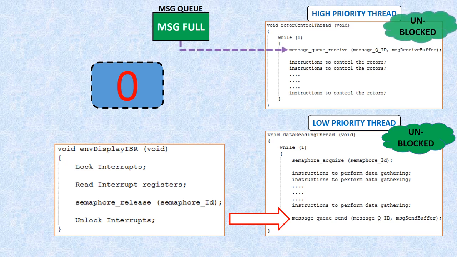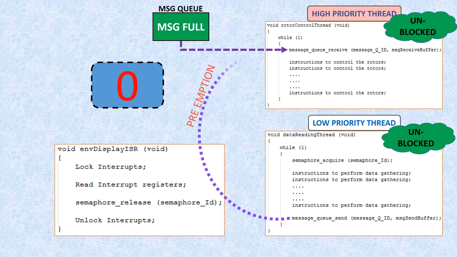And since the rotor control thread is of higher priority than this thread, this thread stops execution instantly at this point and switches to the rotor control thread.